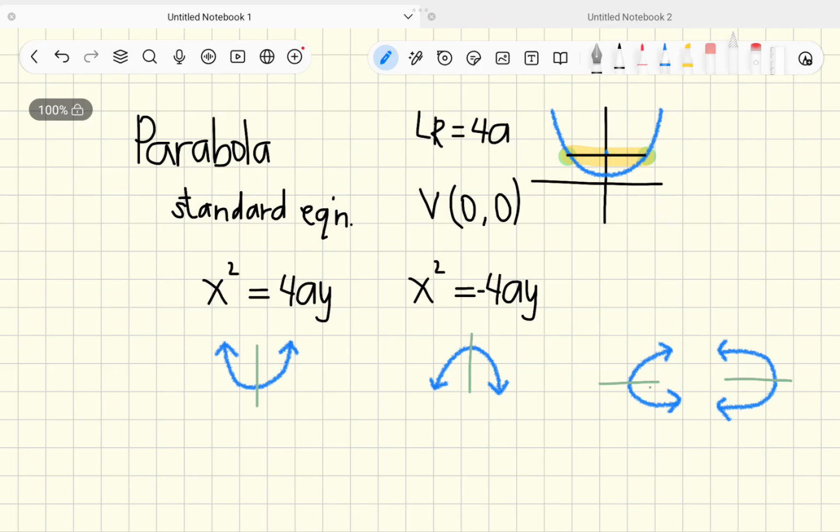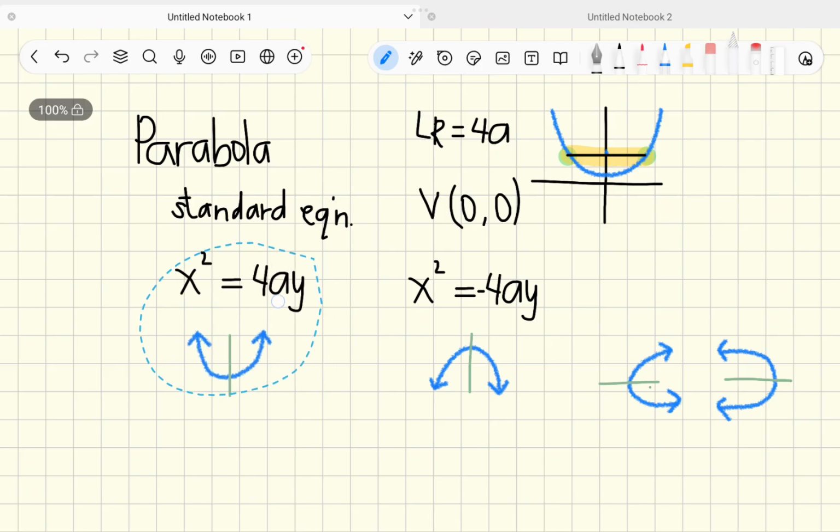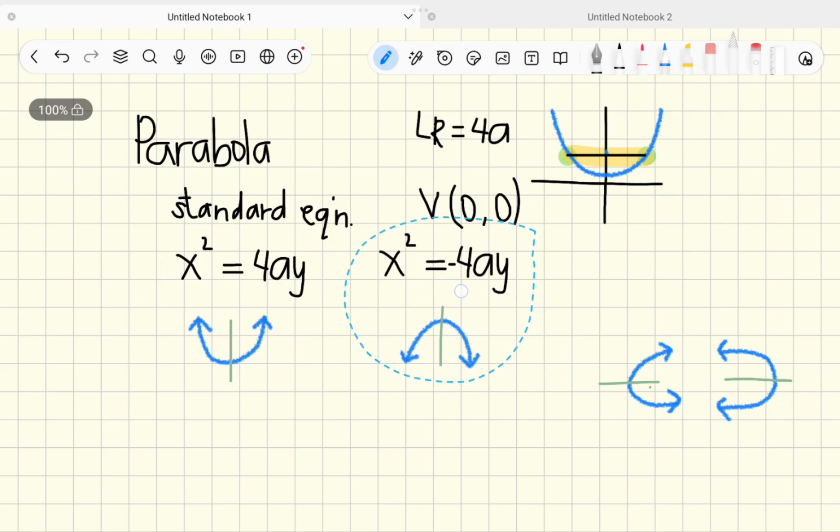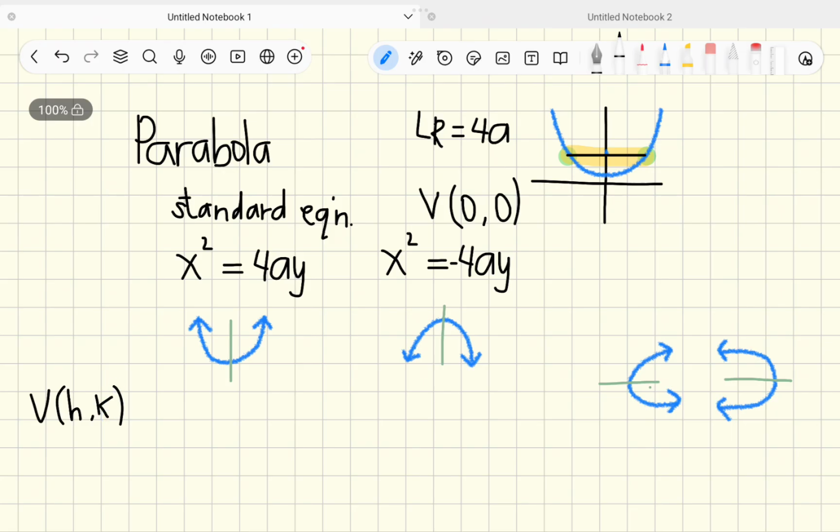How about if the vertex is at (h, k)? Then it will change. How do you think your equation will look like?